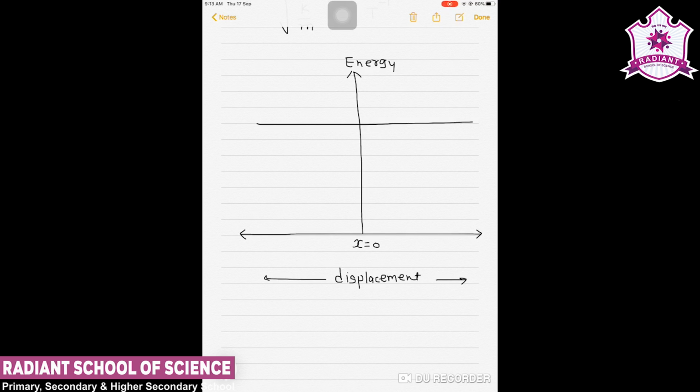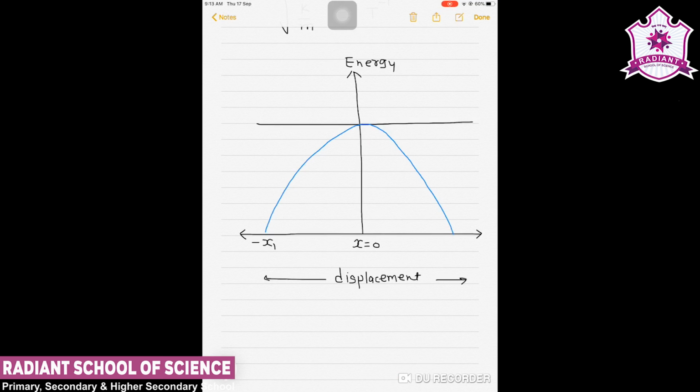Now we consider that the object, or the spring system, is moving from minus xm to plus xm, as shown in the figure.